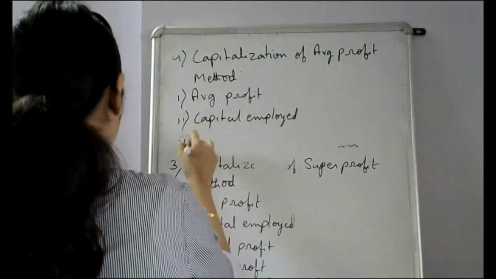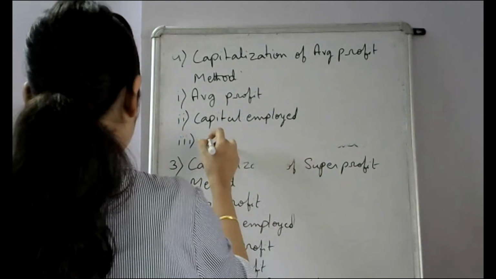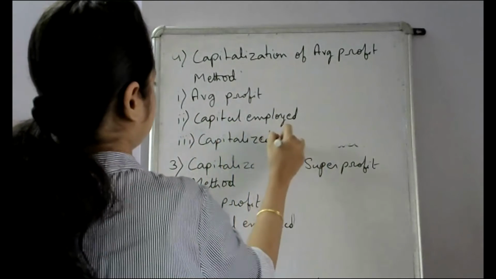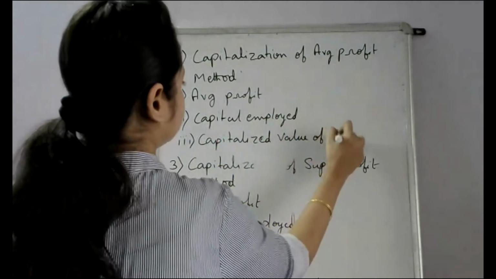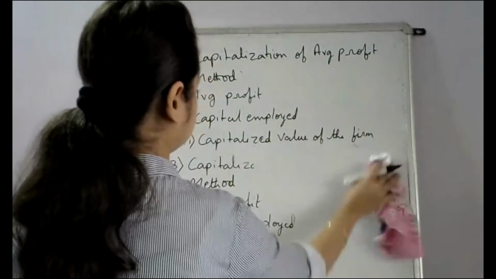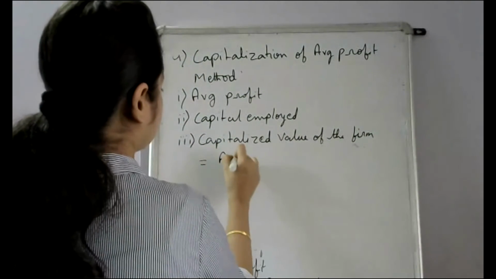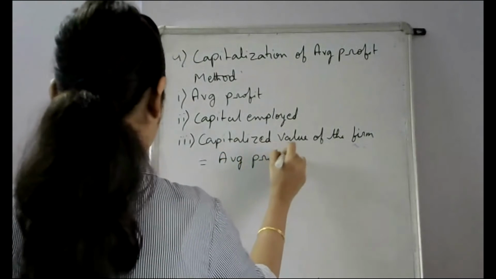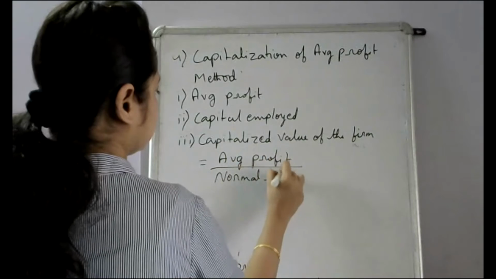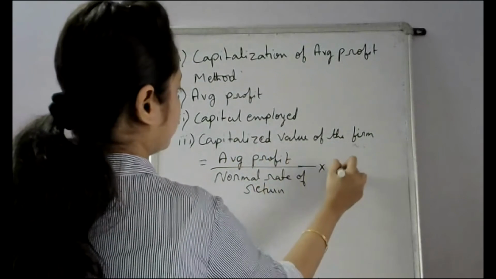Roman 3 is capitalized value of the firm equal to average profit divided by normal rate of return into 100.